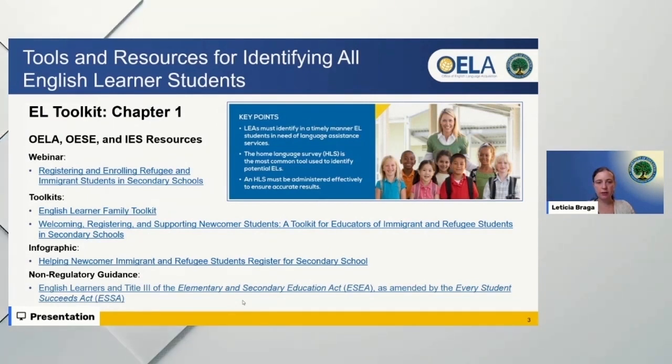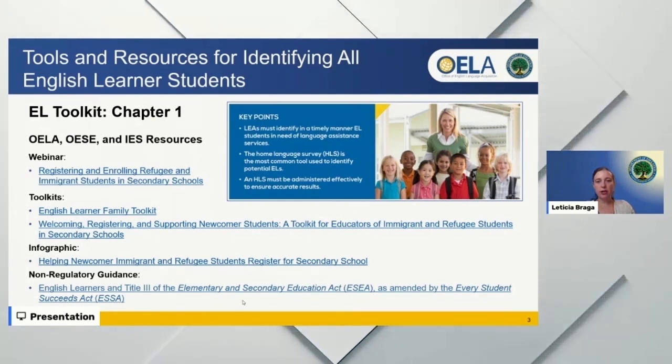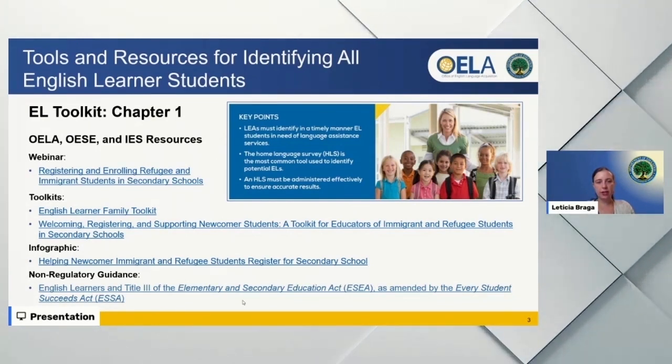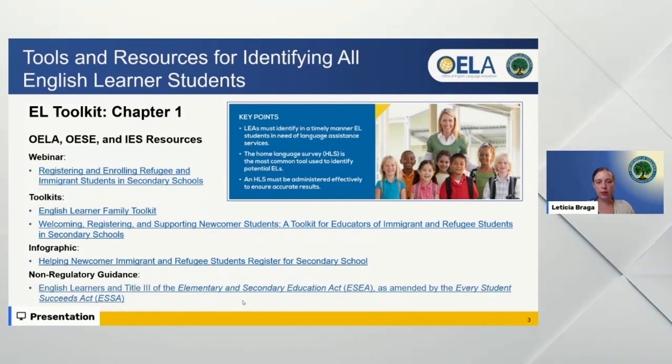and course placements. The non-regulatory Title III guidance was released by the U.S. Department of Education's Office of Elementary and Secondary Education, or OESE, in 2016 and was revised in 2019.